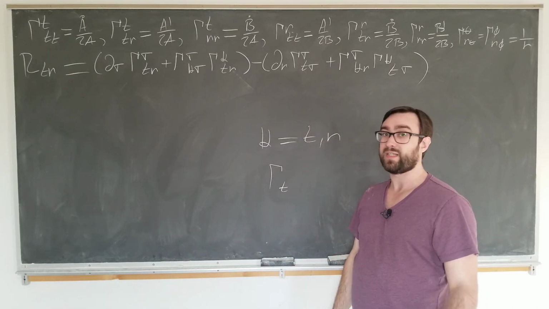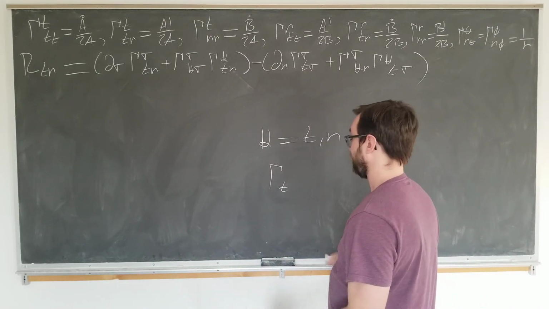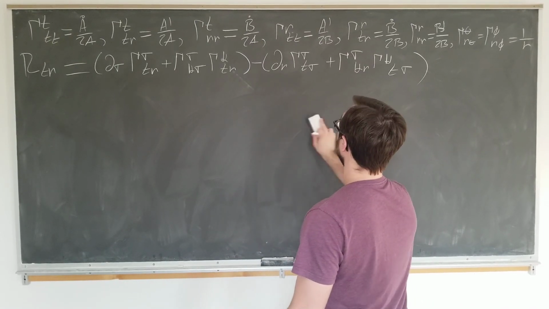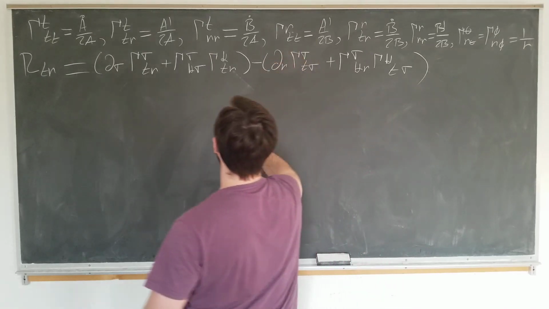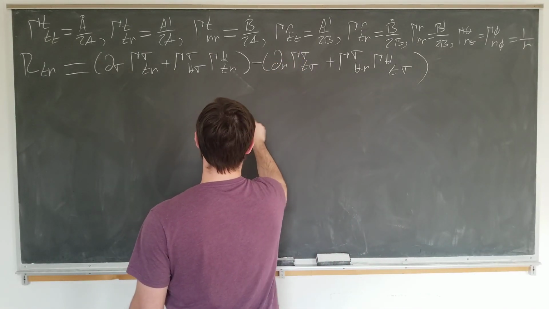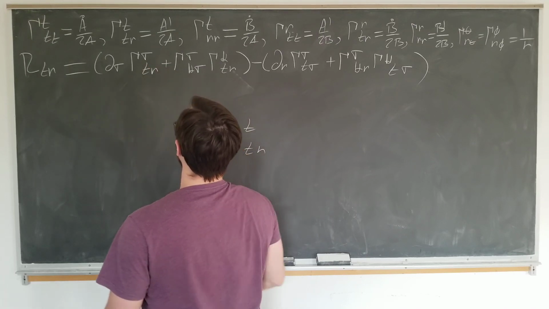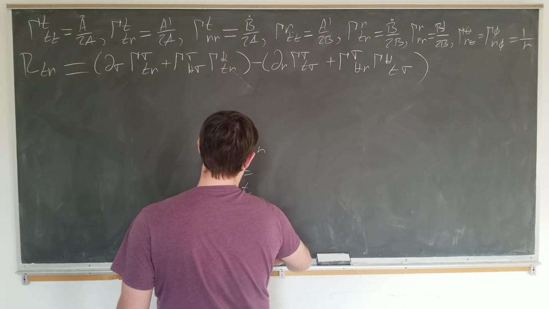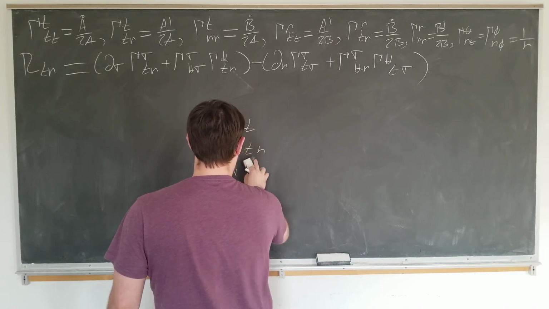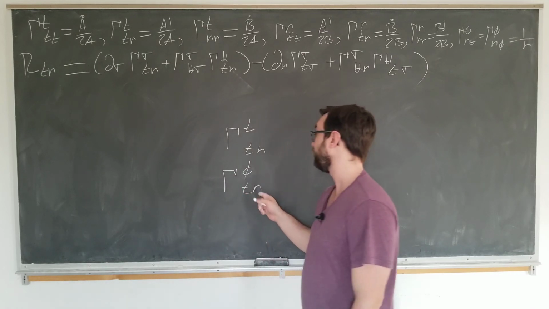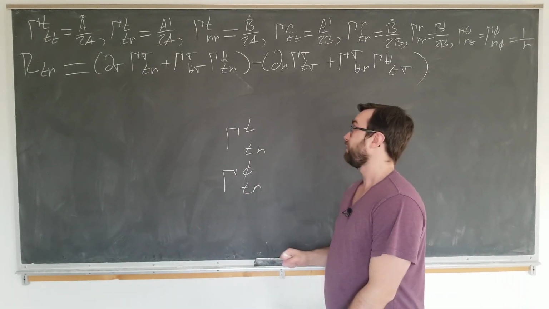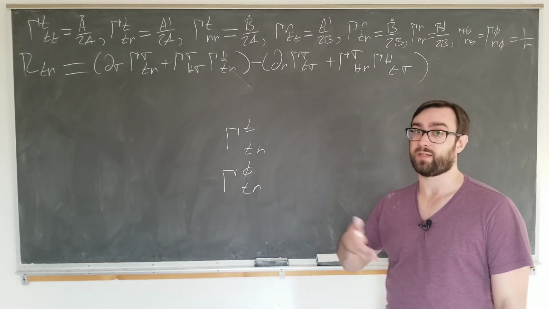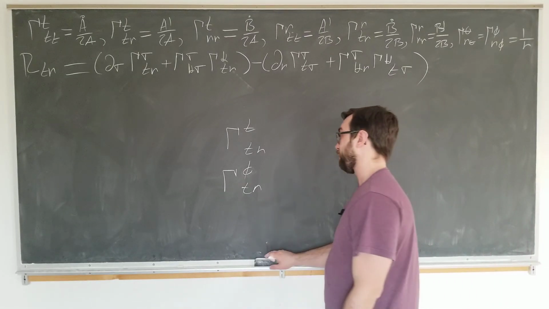And if you want to have a T and an R, you need to have κ be equal to T and R. So, for example, we have Γ^T_TR up there, but we don't have a Γ^φ_TR, for example. So this term doesn't make sense. That's just a brief guess as to why we would think it's true. To see that, you really have to just start plugging in values of κ.